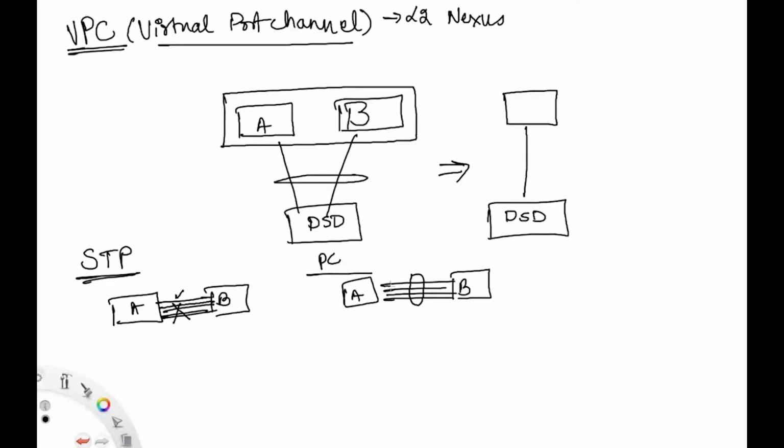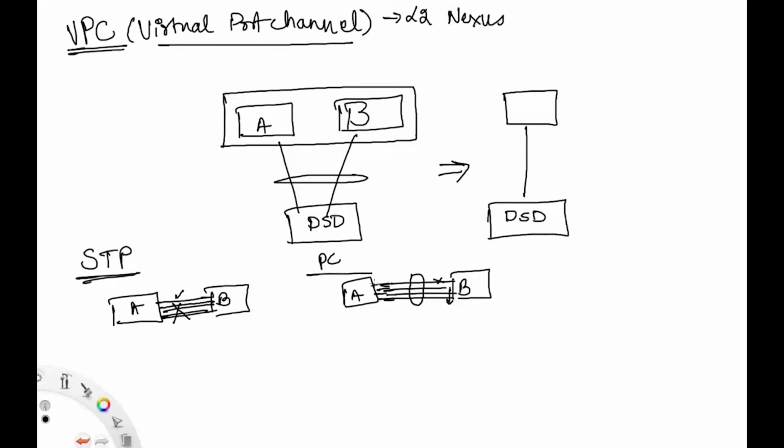Okay, so all of your physical links inside that particular bundle will be active at all times. So your port channel will be up as long as even one link is up. You have the advantage of link level redundancy here. Even if one link goes down, it does not matter. You still have the other links, and your port channel is still going to be up, right? So you're going to be utilizing the full bandwidth also over here.